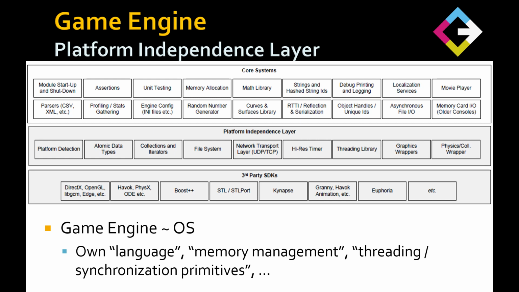If you would like to bring another third-party middleware SDK to the game, you have to first wrap it into primitives the rest of the engine understands, and only after then can you use it. The more complex the interface your middleware has, the more complex the integration will be.